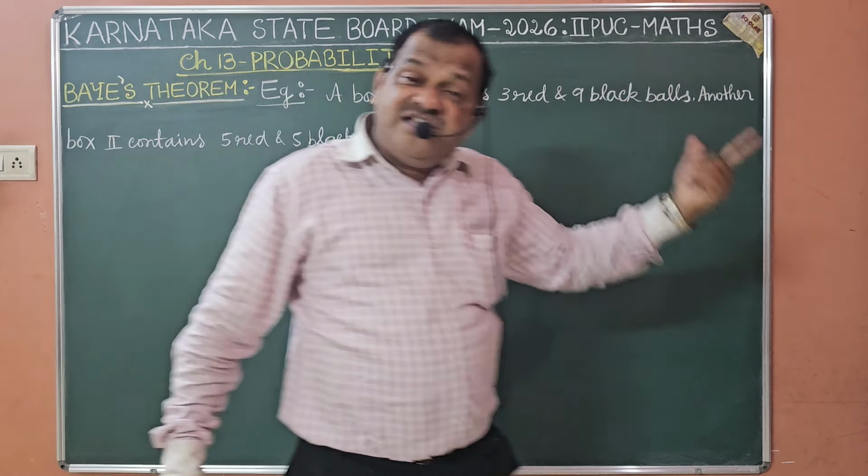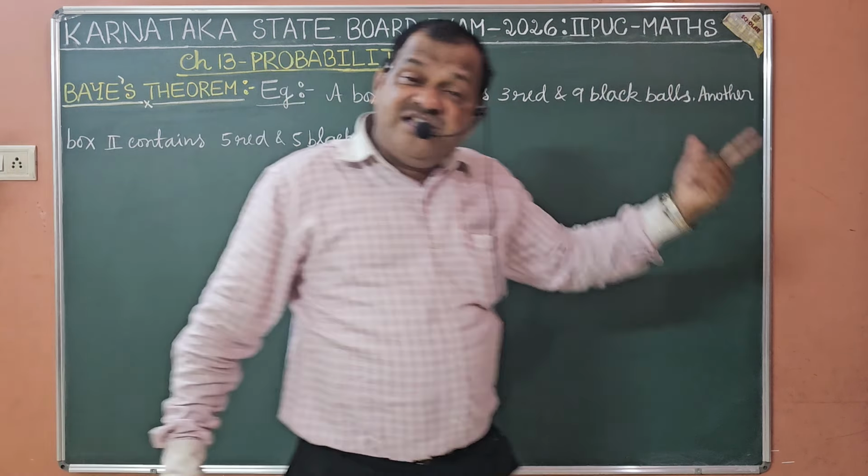Always remember, later I will give the first question from the model question paper. Always the last but one sentence in the question defines the special event A. So here the event A is: one ball is drawn which is found to be red in color.